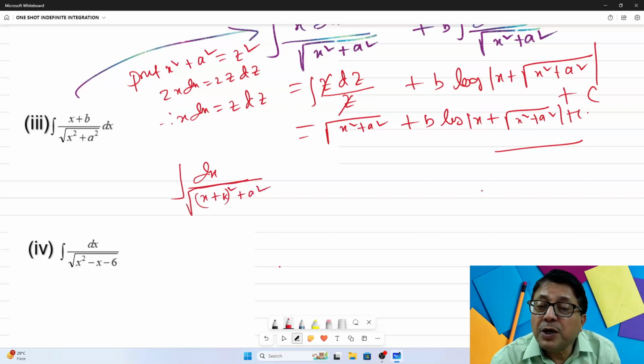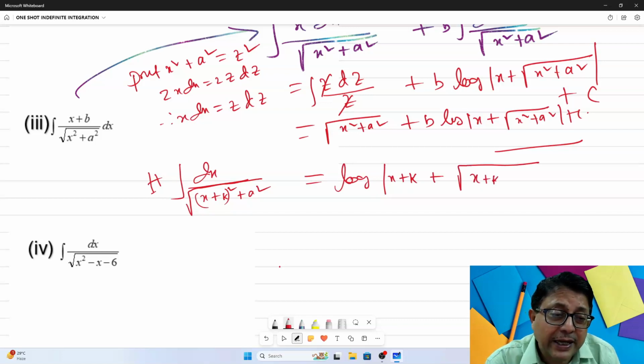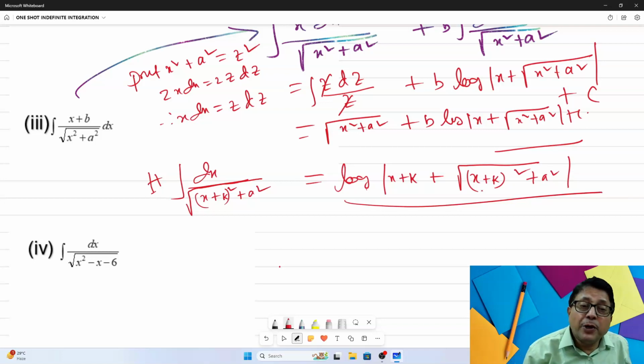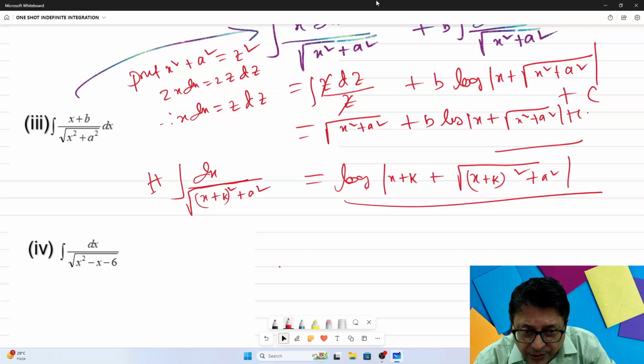As the coefficient of x is 1, you write this one directly, log of x plus k plus root over x plus k whole square plus a square. Okay? If you are comfortable with this, do it directly, otherwise make a substitution x plus k equal to z.